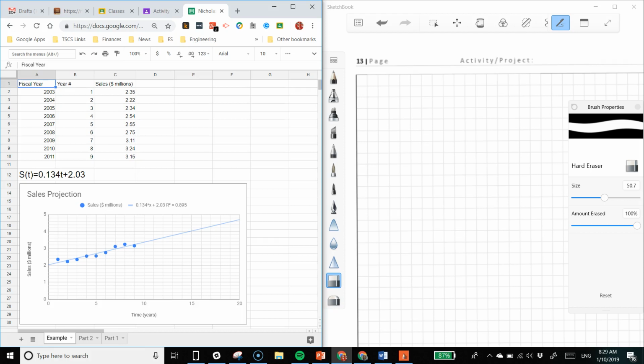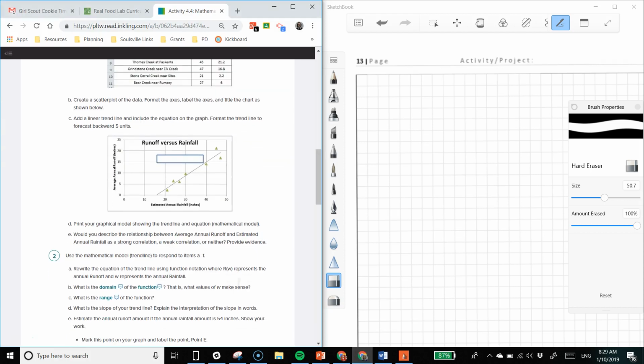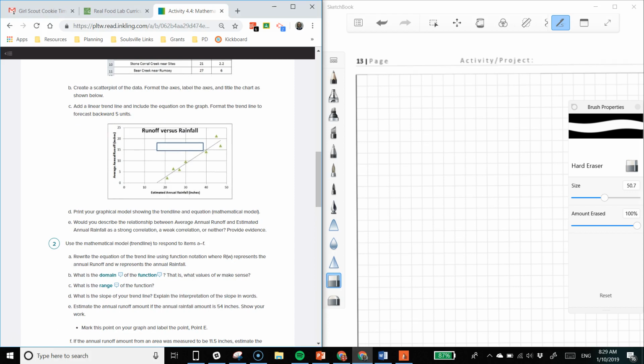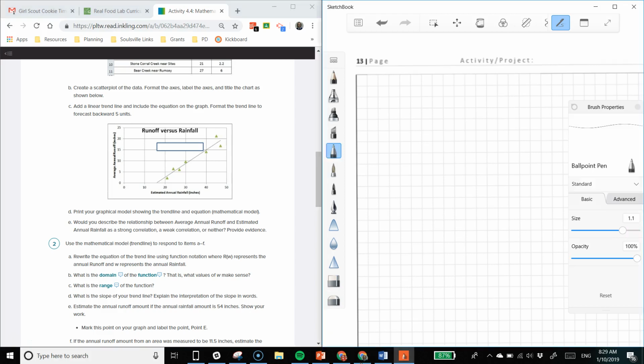The next thing it told us to do is, you do not need to print your graphical model. You're just going to reference it on your computer.